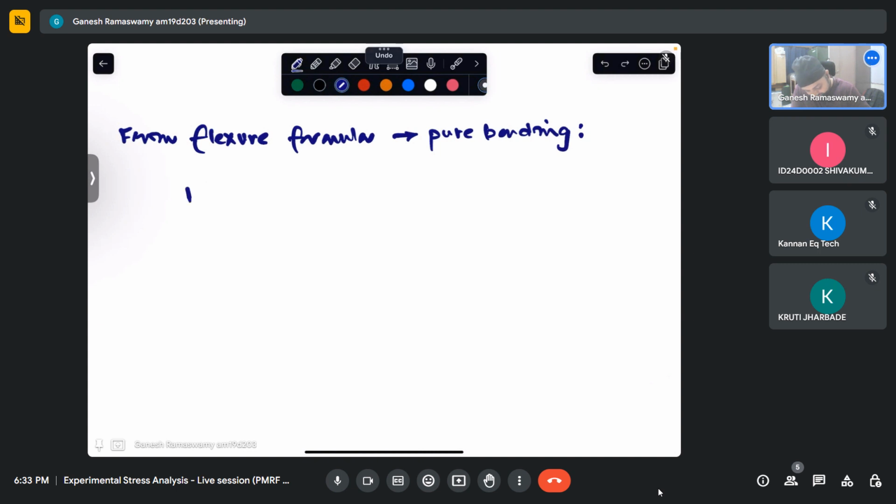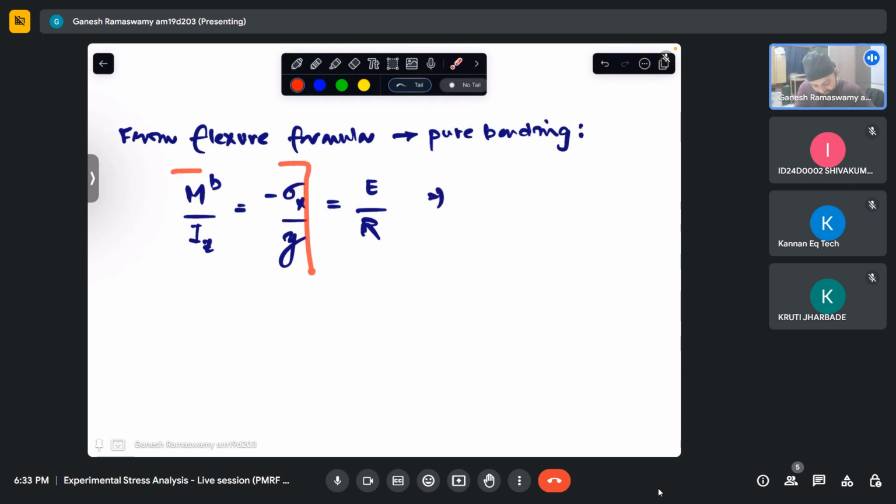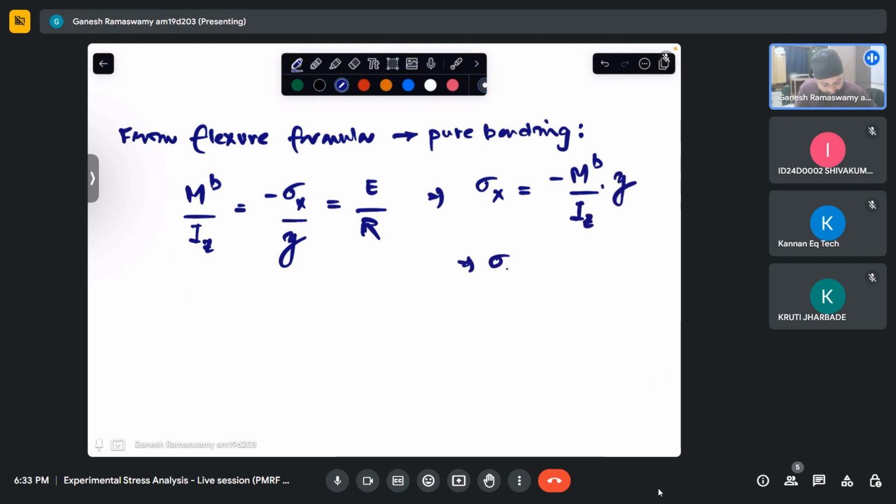M by Iz is minus sigma x by y equal to E by R or rho, howsoever you represent the radius of curvature. So if I just consider this, sigma x is nothing but minus M by Iz into y, which again gives me that sigma x is directly proportional to y.